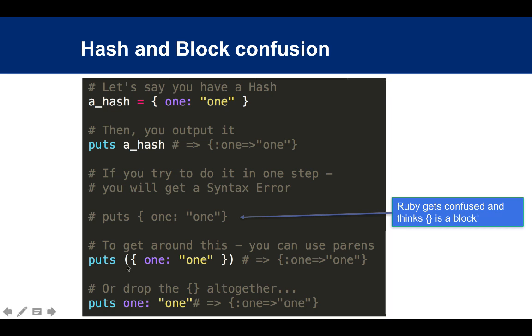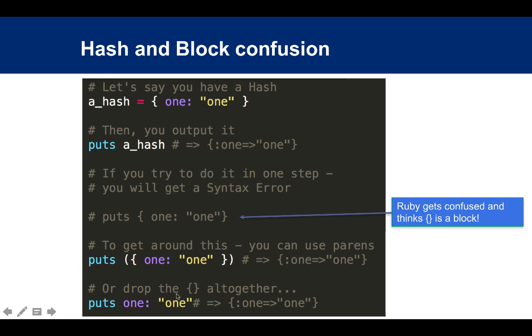You either have to put parentheses around this hash. So if you put parentheses, then it says puts the one parameter. Oh, okay, I get it. There's a parameter being passed in. That's what the parentheses emphasize. And the parameter is a hash. I know how to deal with that. Puts knows how to deal with that. It converts it to a string, and it outputs a hash.